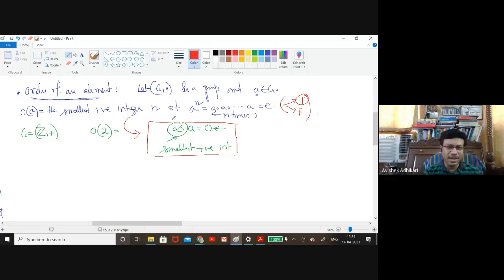But till now, whatever you told me, I just came up with a conclusion from your statement that the order of 2 according to you is infinity, and according to your definition, infinity will be the smallest positive integer, such that infinity into a, or a plus a plus a infinitely many times, will give you 0.